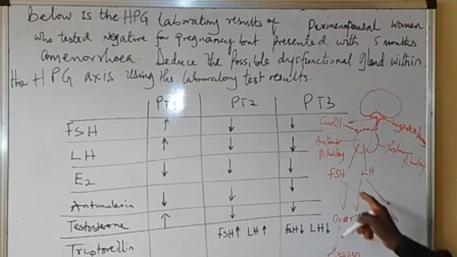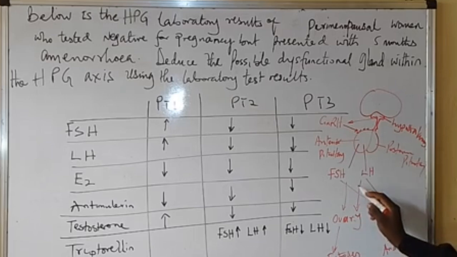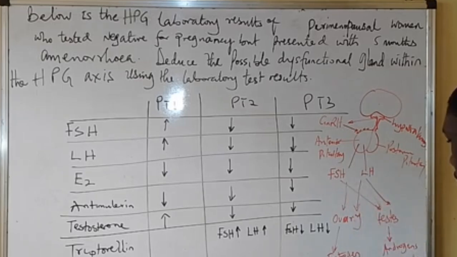The testis, in response to FSH and LH, produces androgens, and also produces sperm. The ovary also causes ovulation and uterine development, and secondary sexual characteristics, and the testis produces male sexual characteristics. So this is the way it is.